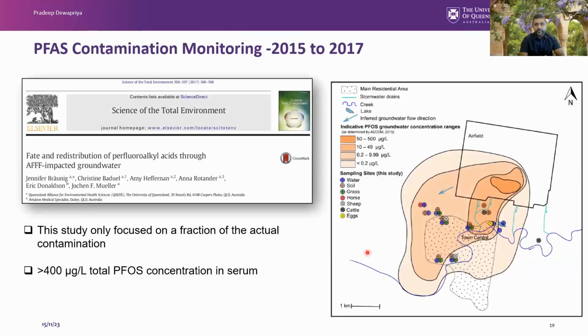Previously, one of our team investigated the PFAS contamination in these samples using target analysis. Like many other PFAS monitoring campaigns, this study only focused on a fraction of the actual contamination, because only 10 PFAS were monitored due to the limited availability of reference standards at that time.